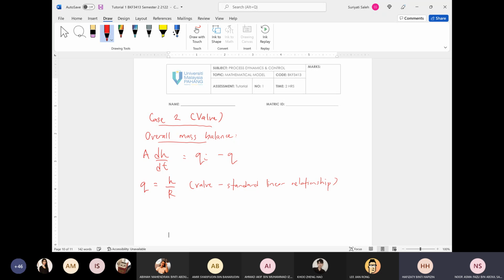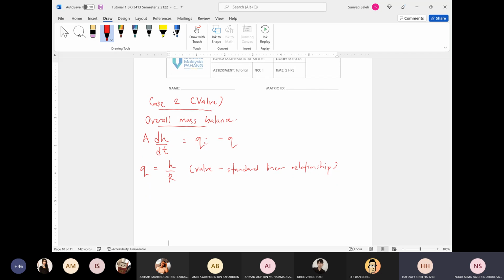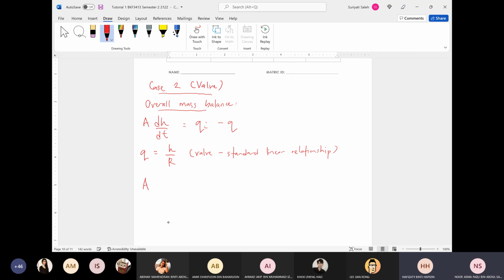So we need to substitute into our equation, which becomes A dH dt equal to Qi minus H over R.